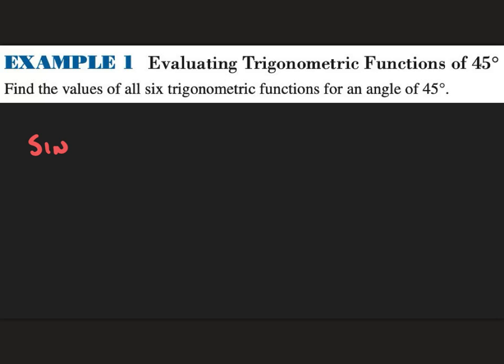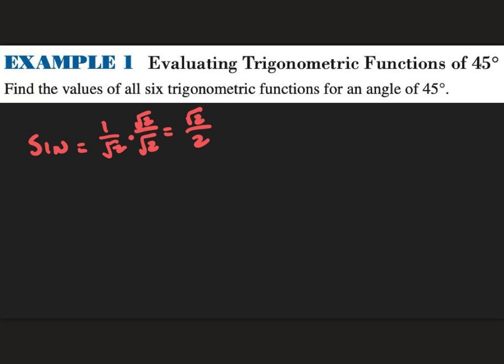So we need the sine. Okay, so the sine, if we just look at it, is 1 over root 2. But what we can't do is leave a radical in the bottom. So I have to get rid of the radical in the bottom by multiplying by root 2 over 2, which gives me root 2 over 2.